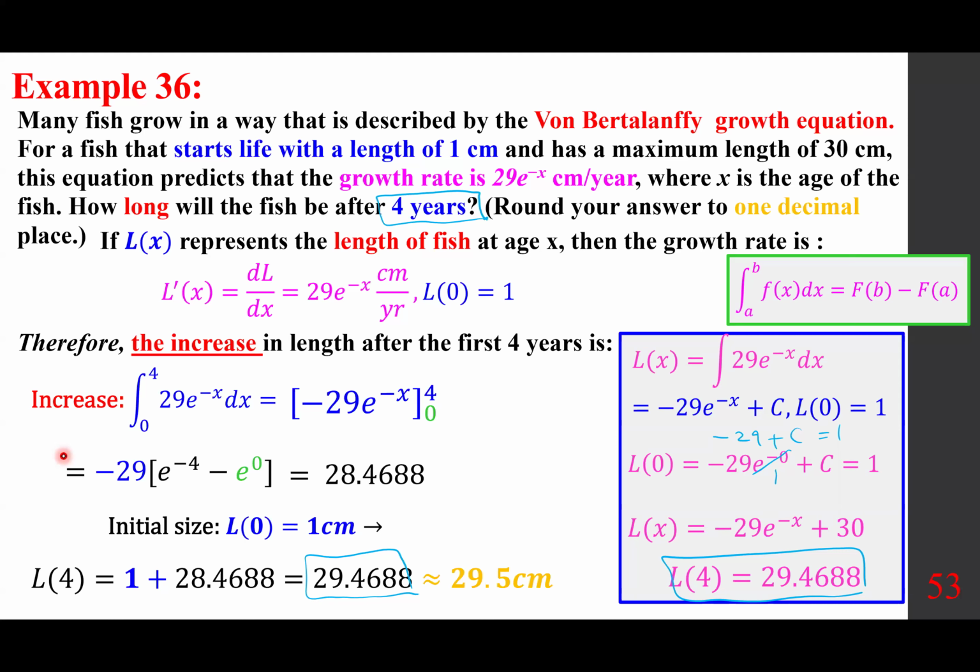So it's pretty straightforward. The advantage of this method is that if they want the length of the fish after 5 years, 6 years, 7 years, you just replace it here. Otherwise, you have to keep on calculating the amount of increase and add 1.